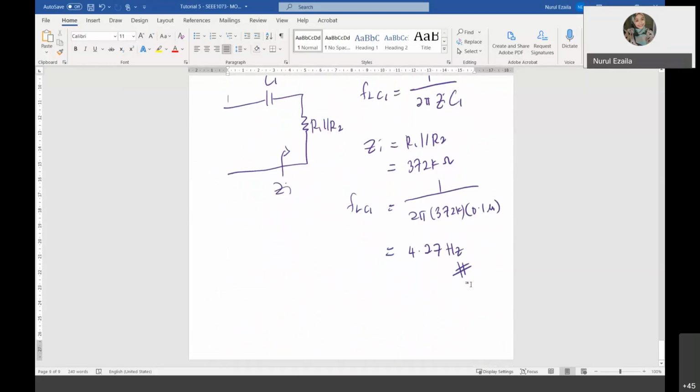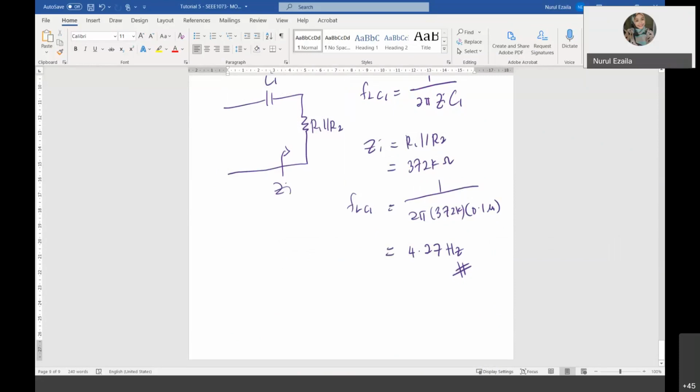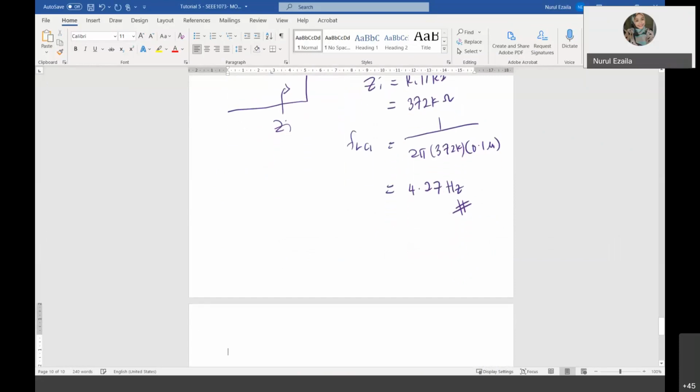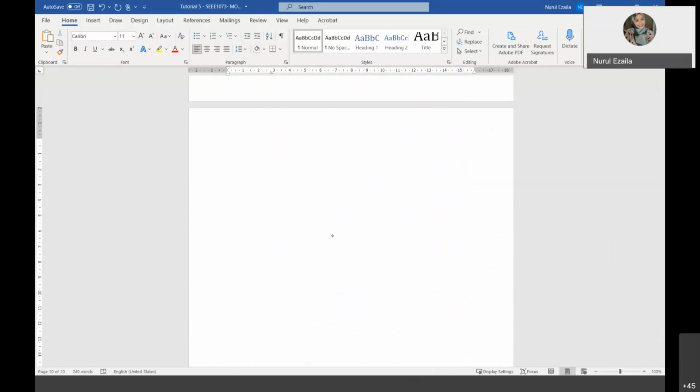Now let's find FLC2. Let's redraw the circuit. So FLC2 is equal to this one. This is C2, this is RL, and this is Z out.